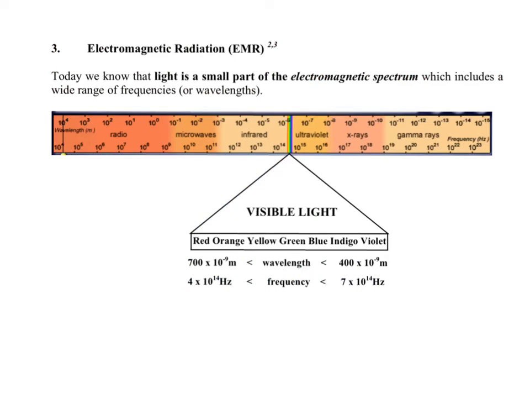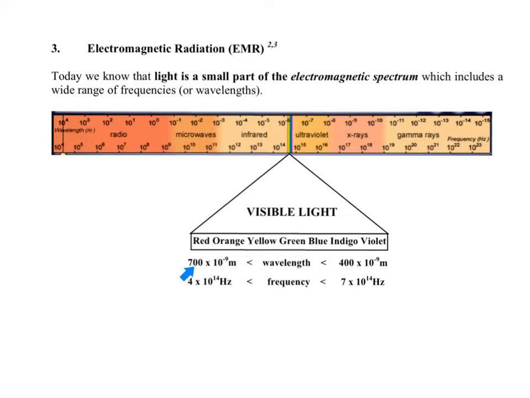So electromagnetic radiation, or EMR, is an umbrella term for a wide variety of different types of radiation that we have come across. So first and foremost, visible light, which includes red, orange, yellow, green, blue, indigo and violet, is part of the electromagnetic spectrum, but only a very, very small part of the electromagnetic spectrum.